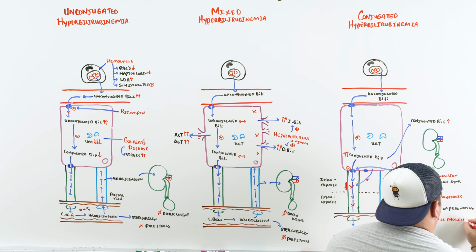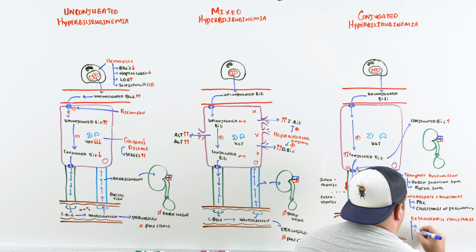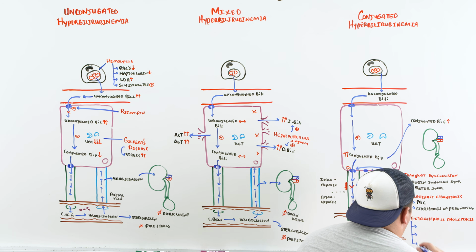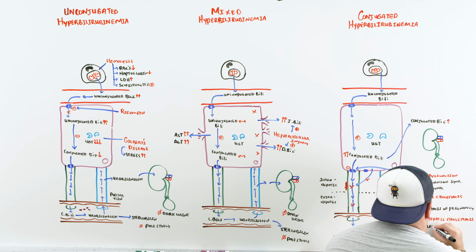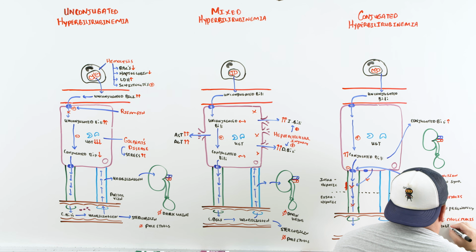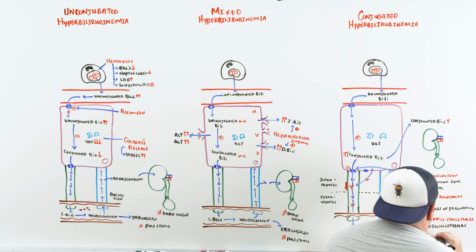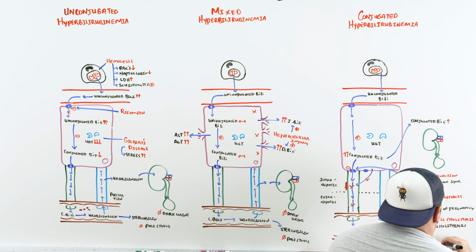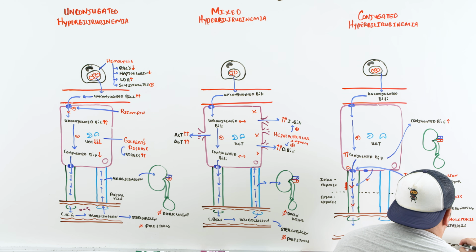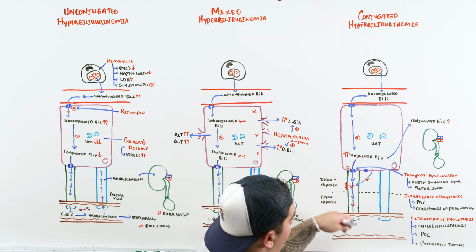What were those three most common causes I told you about? It's a stone, such as choledocholithiasis, or a stricture, such as primary sclerosing cholangitis, or a tumor, such as a pancreatic tumor, usually at the head of the pancreas. So this is the concept here.